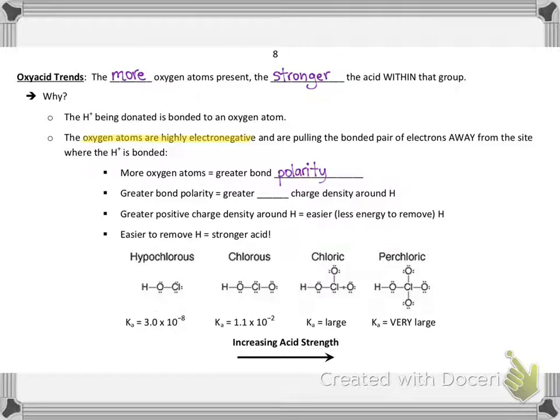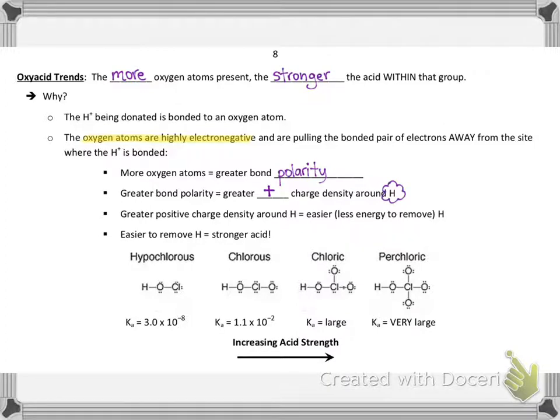There's another word from way back in the day. Bond polarity means that your electrons are unevenly distributed because the oxygen is basically stealing them. It's being greedy. It has more than it should. Well, that means the hydrogen has a lower electron density, which gives it a greater positive charge density.